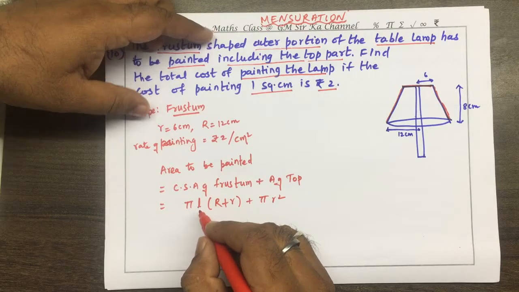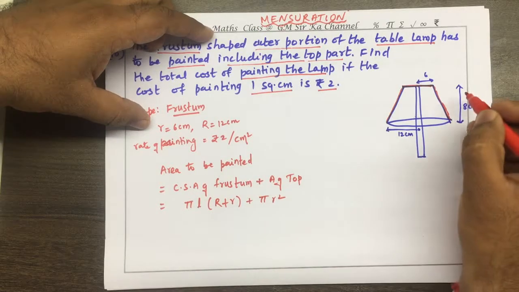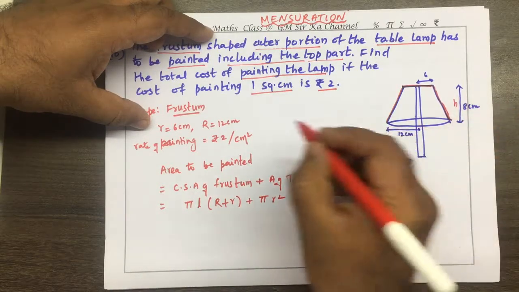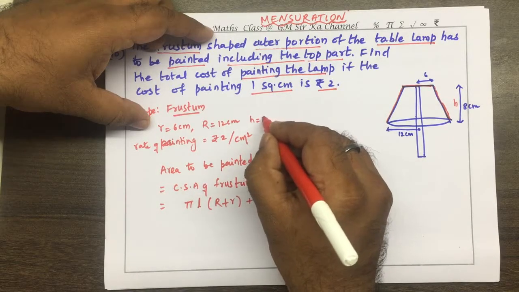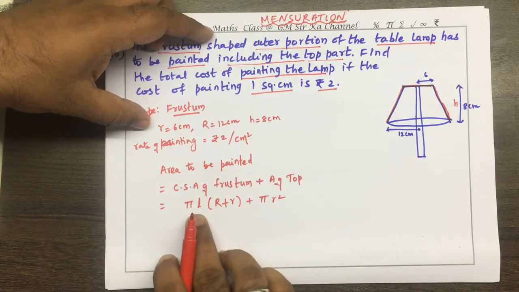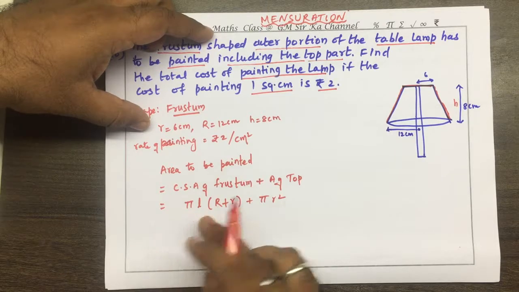Here we find the height h in the diagram, 8 centimeter. We require L, the slant height of the cone.